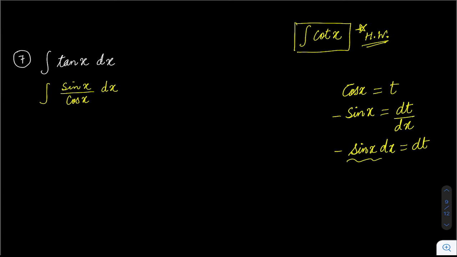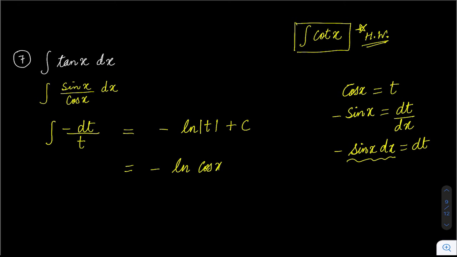So directly I can substitute sin x dx as minus dt, and cos x is t, so minus dt over t. And the integration of 1 over t is ln of t, so minus ln of mod t you can write, we discussed this many times. That's your answer. And then we will substitute the value of t as cos x. So this will be my answer.